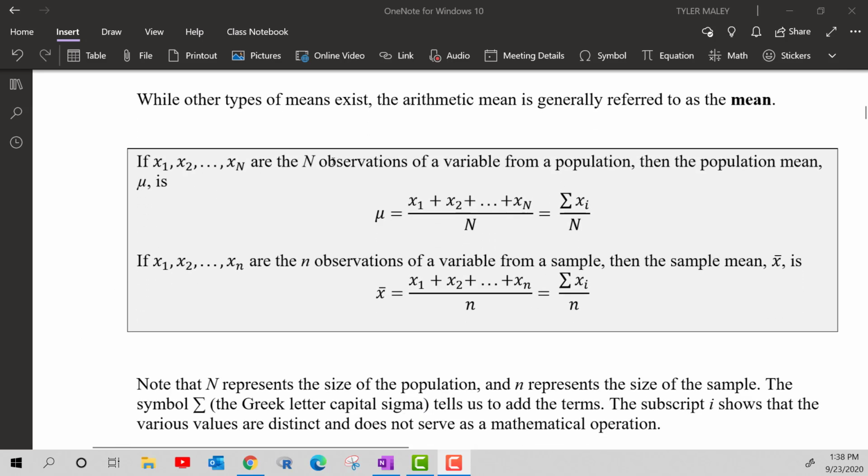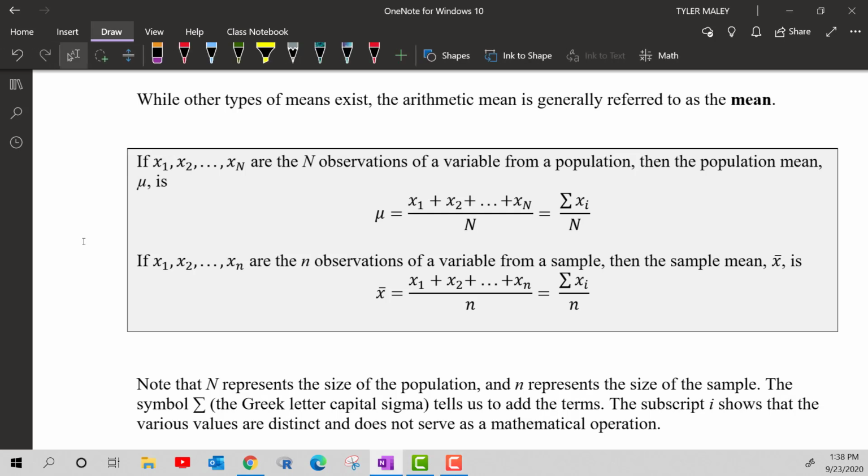So here is just showing the equations for how to calculate a population mean and a sample mean. So some things that you want to note are, right, so this mu symbol, that's a Greek letter. And this is telling us that it's the population mean.